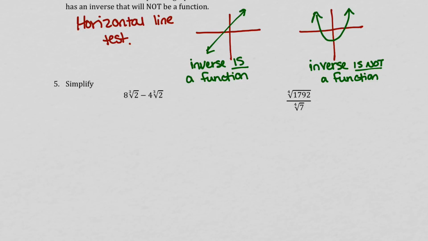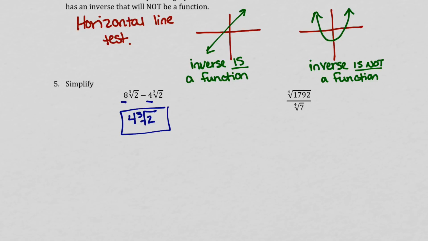So it's like 8x minus 4x. Well, that'd give me 4x. And we're just going to leave the third root of 2 in its place, because remember, it's just like adding or subtracting x. So 8 minus 4 is 4, and then they both have the term third root of 2 there. So that is as simplified as we're going to make it.